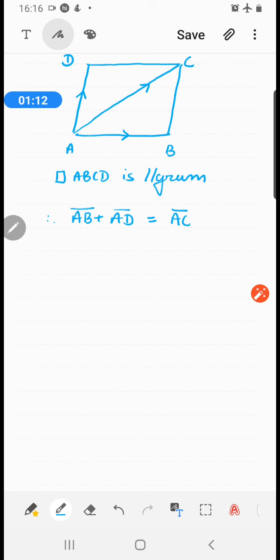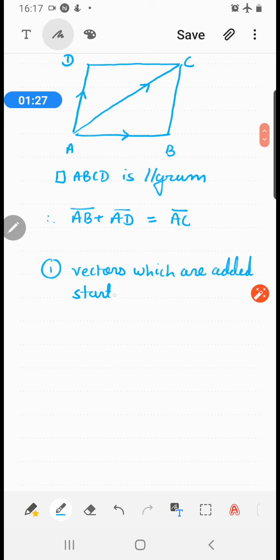For parallelogram law in a sum, we check three conditions. Number one, the vectors which are added start from the same point.